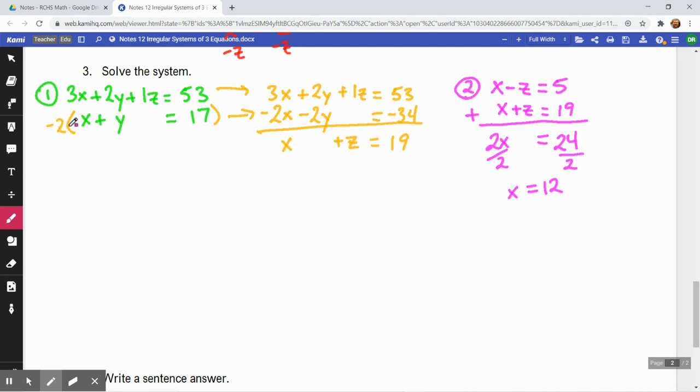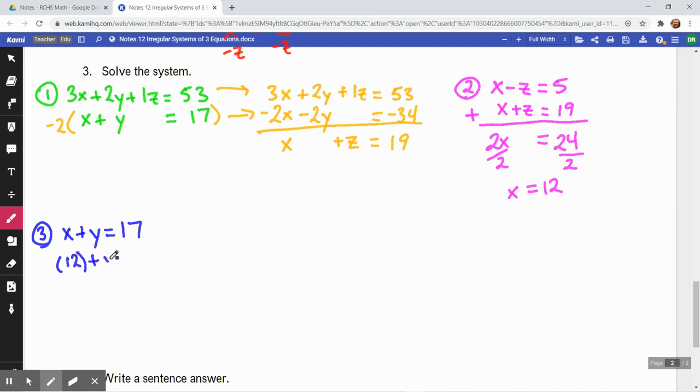So for example, here, we have this equation that says x plus y equals 17. If we replace this x with a 12, then that's going to allow us to solve for y. So let me take, for my third step here, this equation, x plus y equals 17. But let me replace that x with a value of 12.